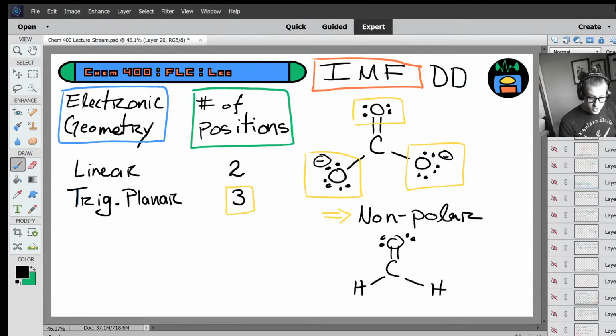You'll notice that 2 of your positions have the same group, right? 2 hydrogens. But the thing is, that 3rd position has something different. And because one of them is different and has that carbon-oxygen bond is polar, this molecule will be polar. All right?